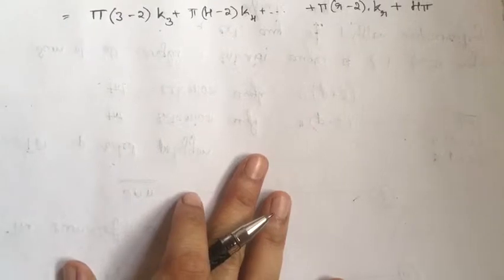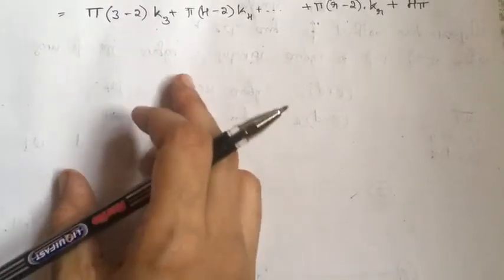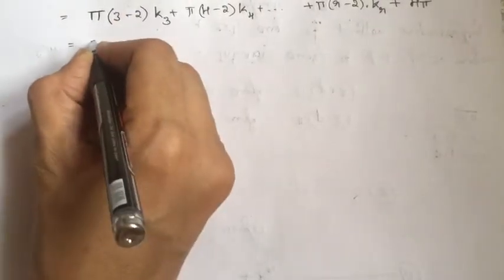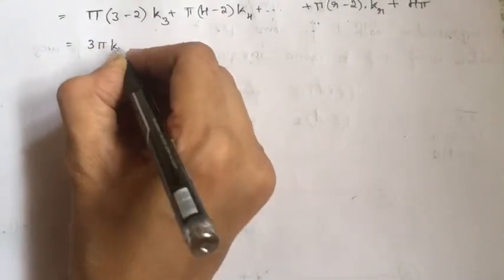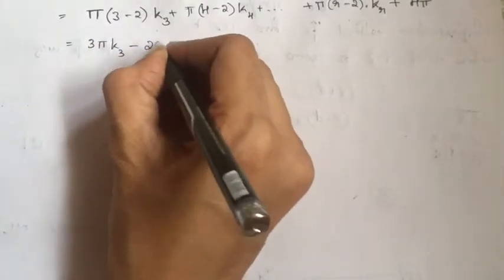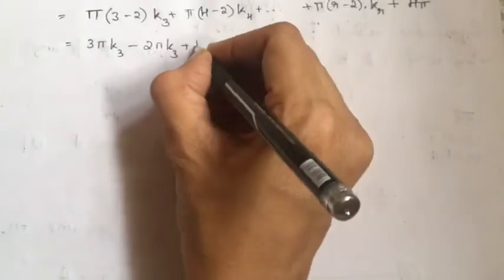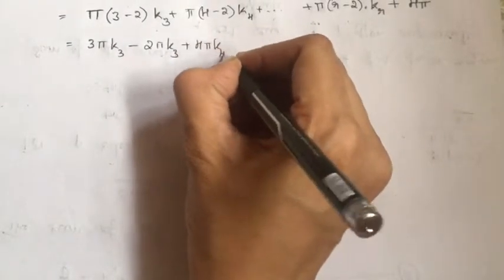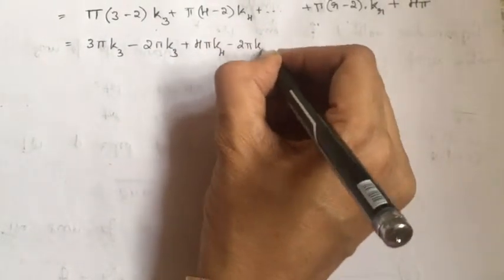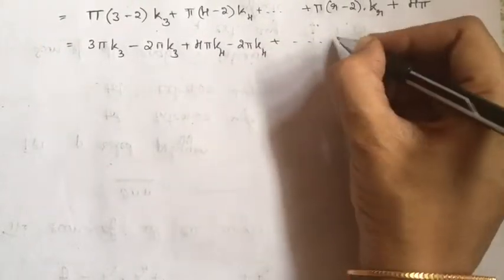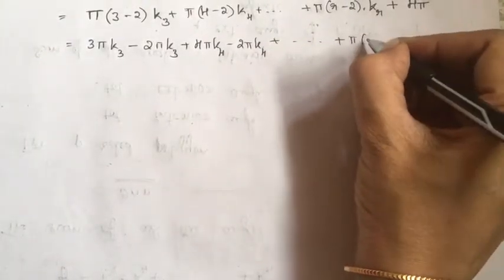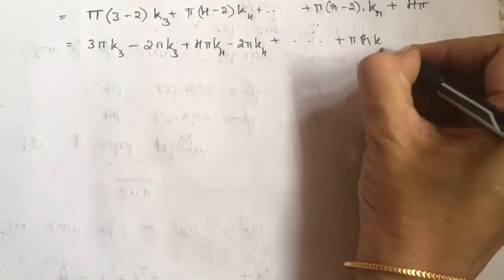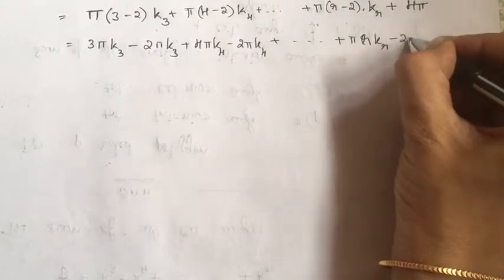So I'll rewrite this expression now. This can be written as 3 pi K3 minus 2 pi K3, like that, 4 pi K4 minus 2 pi K4, and so on, up to pi R KR minus 2 pi KR plus 4 pi.